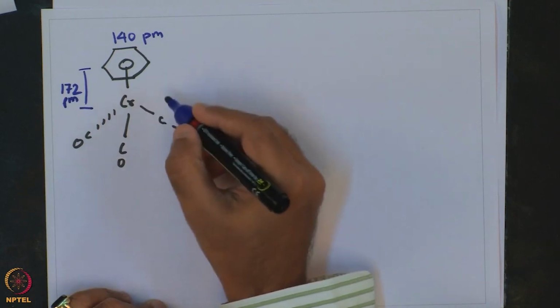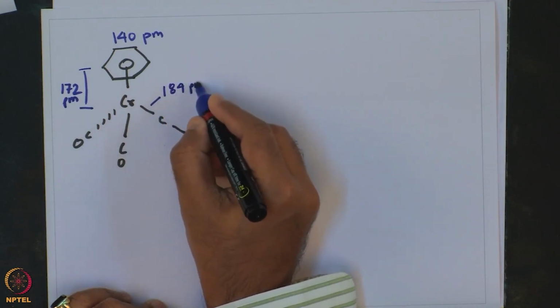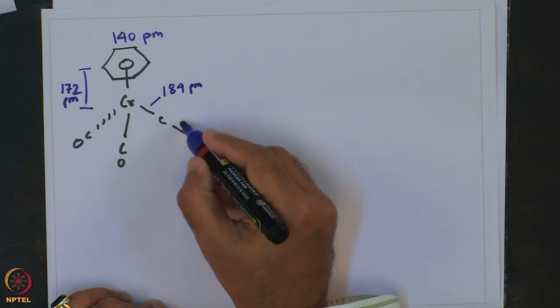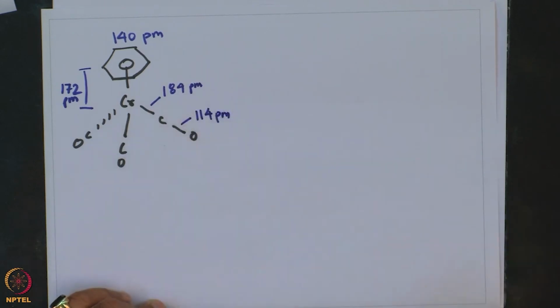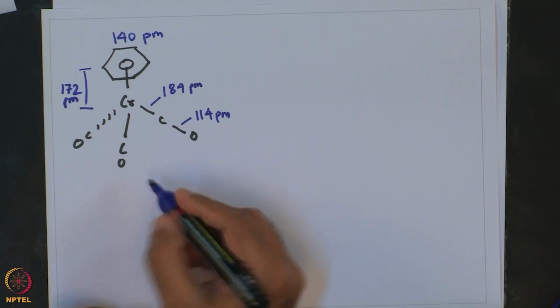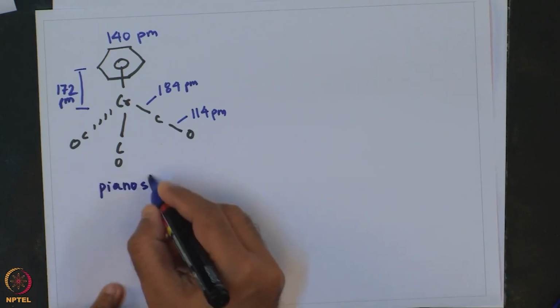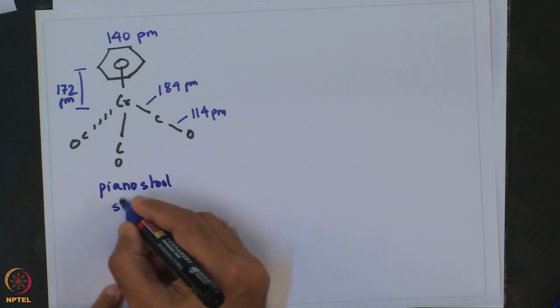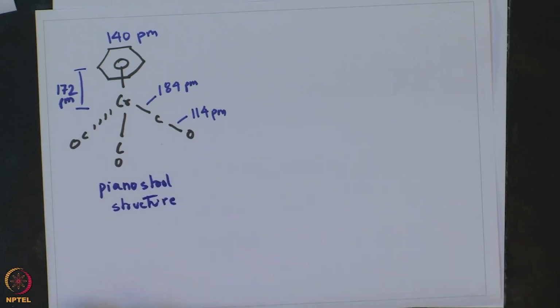Chromium carbon distance is 184 picometer, and carbon oxygen is 114 picometer. Here is another. So, this is like a piano stool structure.